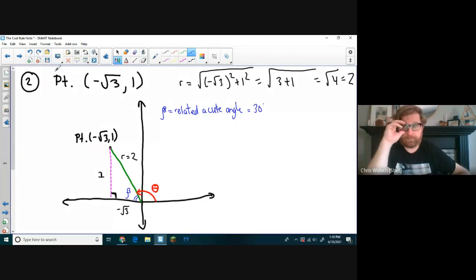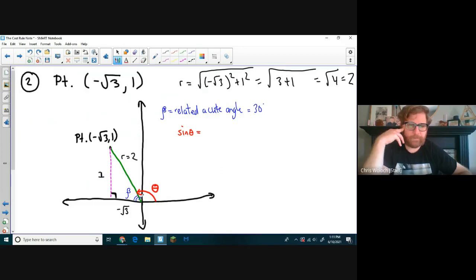So using logic, we notice right away that my related acute has to be 30. Now let's write our ratios out. I'm using theta, but I'm using this triangle to label.